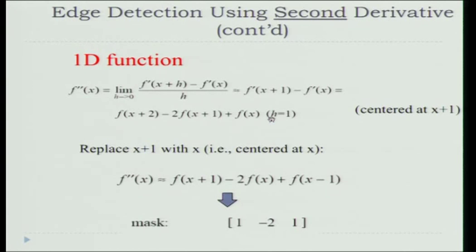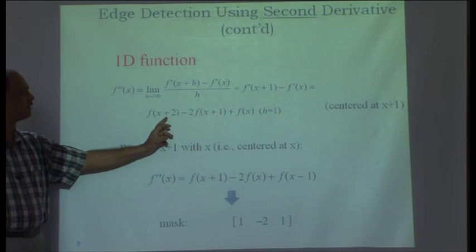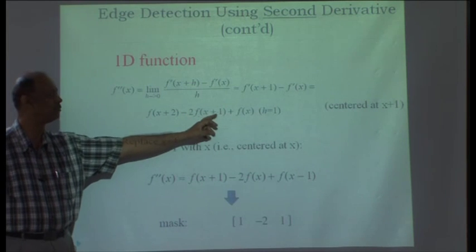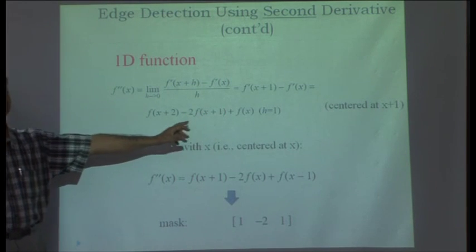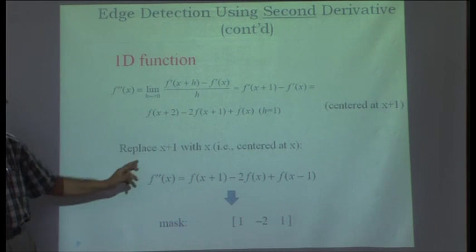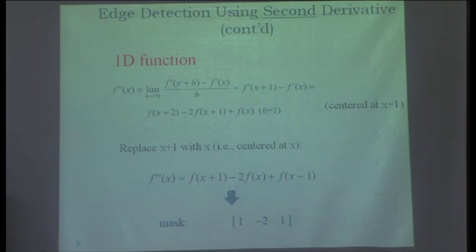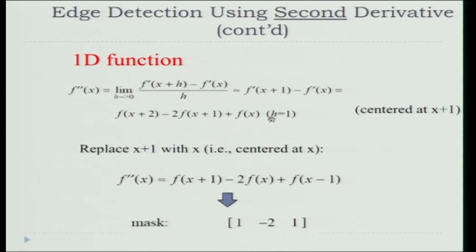If I have the one dimensional image, you will get the value f(x+2) minus 2 f(x+1) plus f(x), right. Now, you observe that it is centered at x+1. So, I just shift it: f(x+1) minus 2 f(x) plus f(x-1). Now, it is centered at x and the mask becomes 1 minus 2 1.